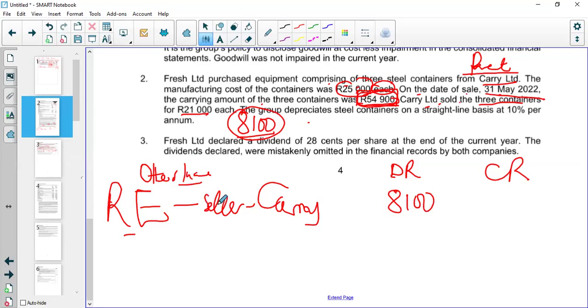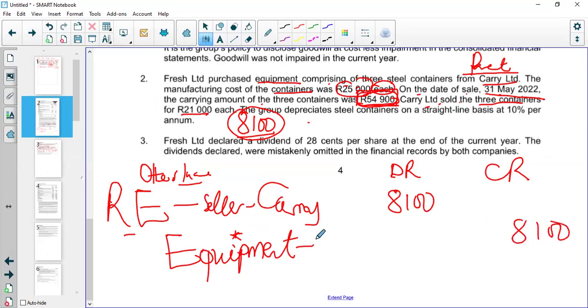And the buyer has the asset. So what is the asset here? Containers. I don't know if containers is equipment. So the buyer has equipment. So the equipment of the buyer also contains a value that includes profit. So we must remove the profit there in the equipment. So that's 8,100.